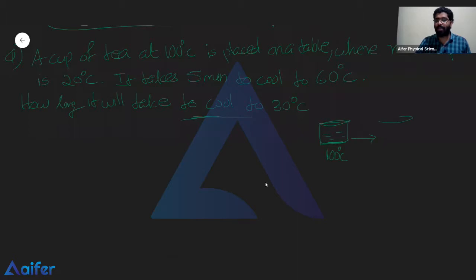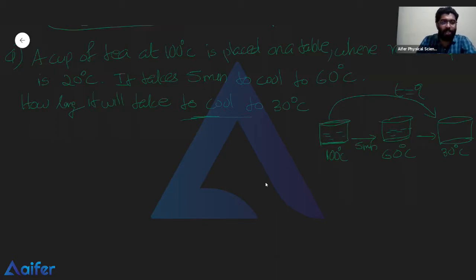After 5 minutes, the temperature is 60 degrees. The question is, how much time will it take if its temperature falls to 30 degrees? From 100 degrees to 30 degrees, how much time will it take? This is the question.